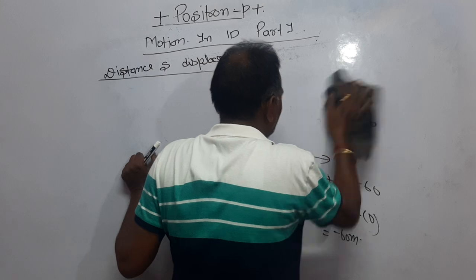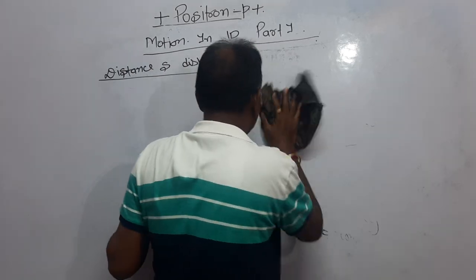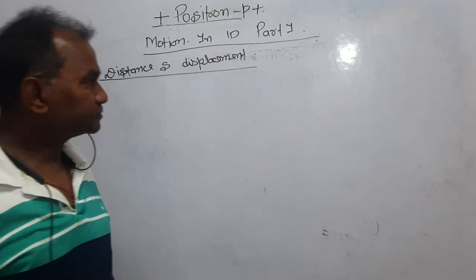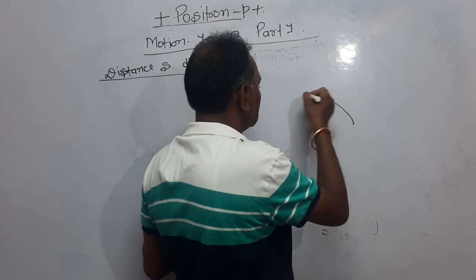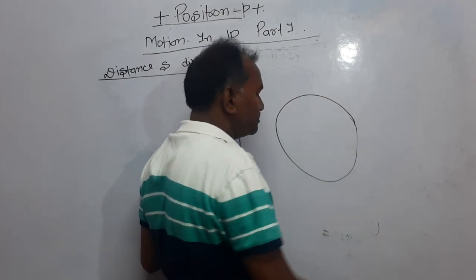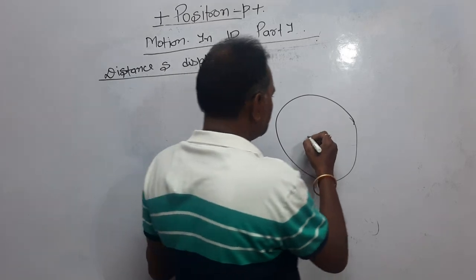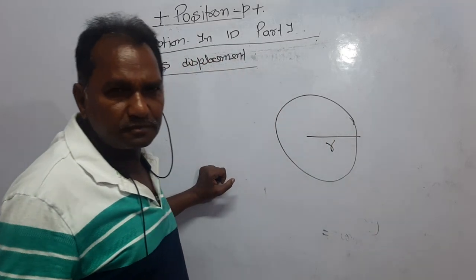Let this be a circular path. The path is circular. It has the radius, small r.